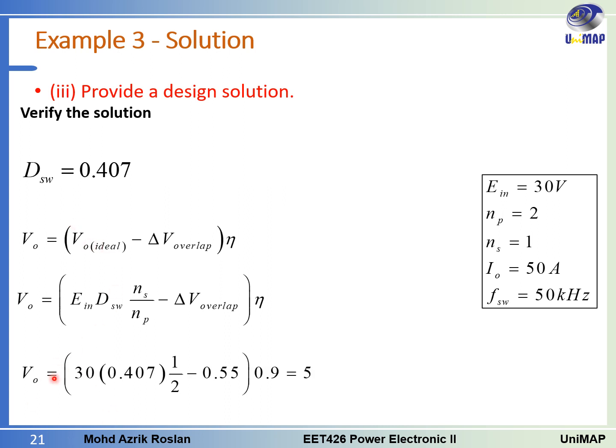When we plug everything in, 30 multiplied by 0.407 multiplied by 1 over 2, minus the delta V overlap 0.55, and everything multiplied by the efficiency, then when we calculate all of this, we will get the value of 5 volt.